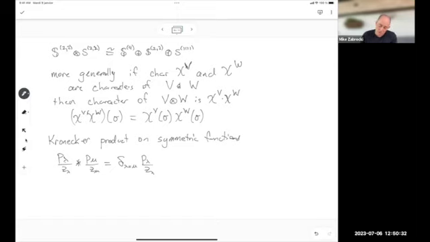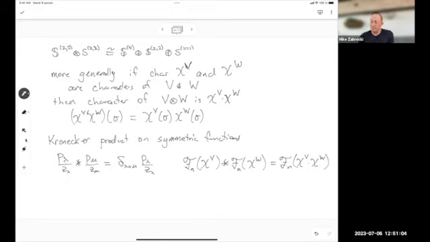And then we do this because the Frobenius image of chi v, Kronecker product the Frobenius image of chi w, is equal to the Frobenius image of their pointwise product. Just do the calculation on the left, do the calculation on the right, you see that they're equal.